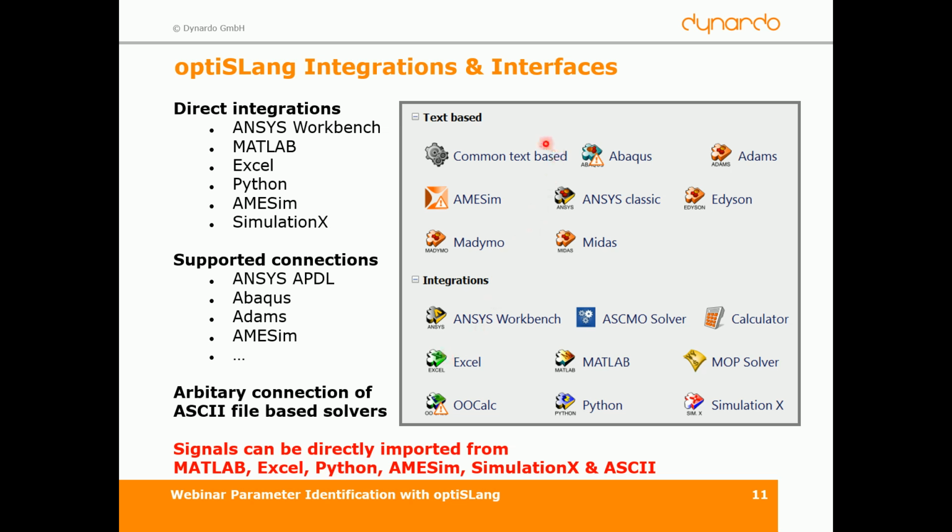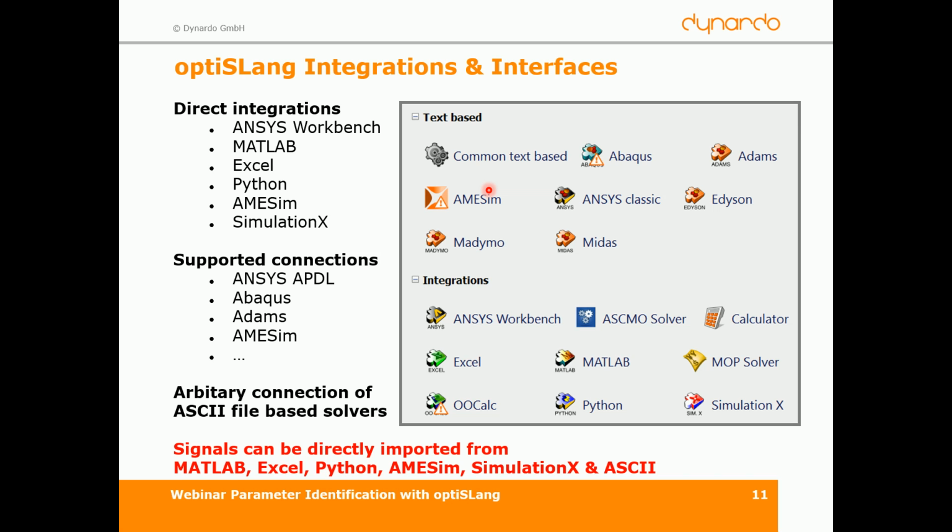On the second way, we have the text-based integration with easy exchange of text files, and the most general connection is the common text-based integration, where we connect to every text-based solver, and it doesn't matter if it is maybe CFD or some finite element solver.